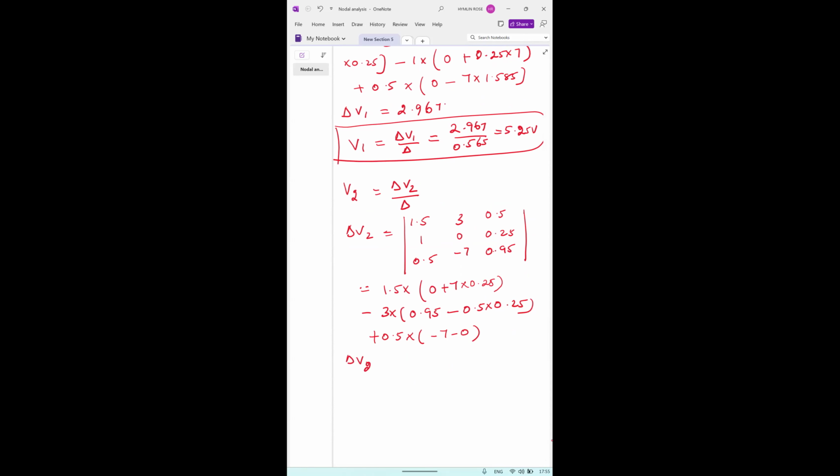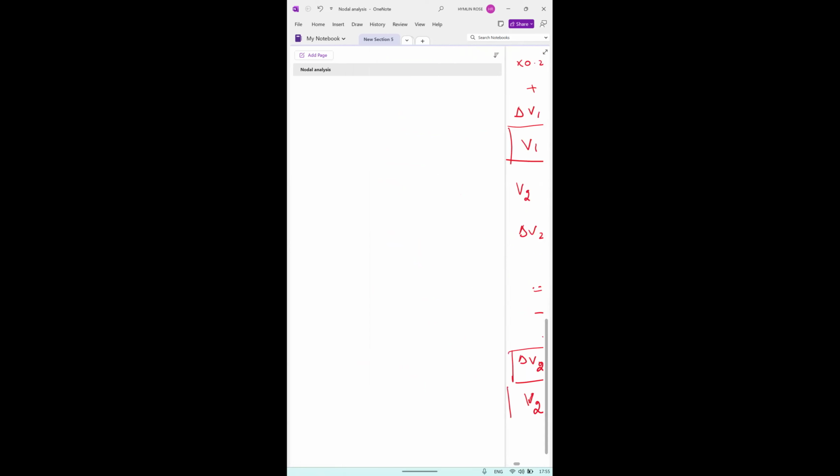So what is the value of del V2? By solving this, you will be getting approximately 2.9. Now what is the value of V2? Del V2 by del, so it is 2.9 divided by 0.565, which is equal to 5.13 volts.